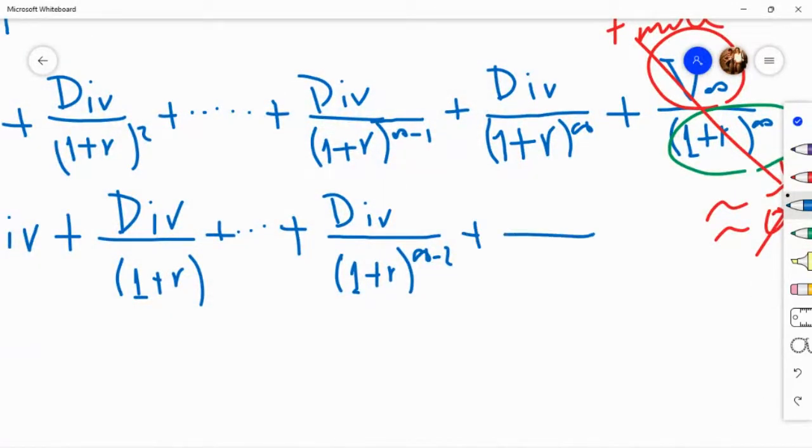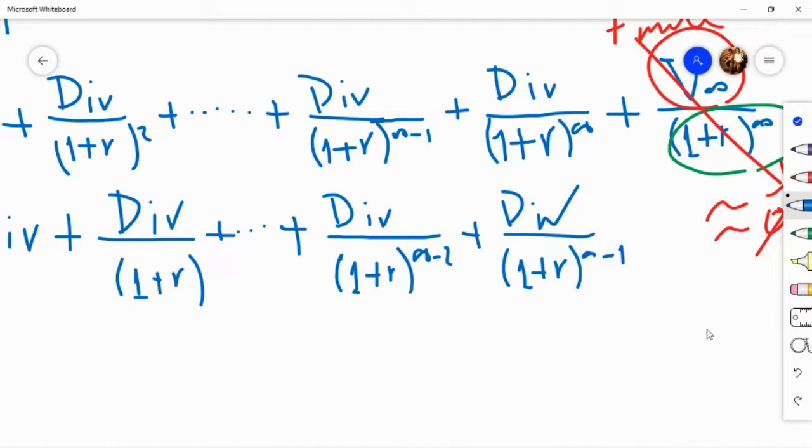And the last term will become dividend over 1 plus R to the infinity minus 1. And then think about it. So this is equation 2.